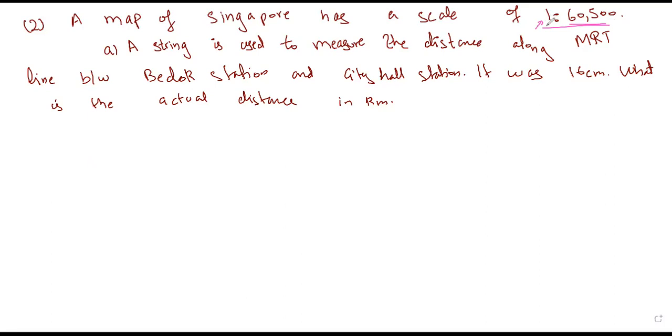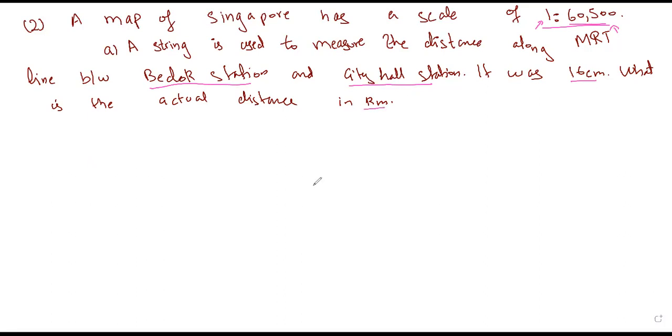A string is used to measure the distance along MRT line between two stations. This is a station and this is another station, and on the map the distance is 16 centimeters. The question is, what is the actual distance in kilometers?